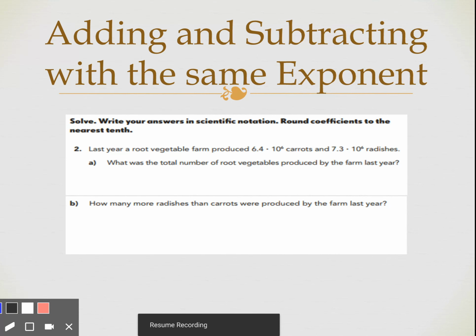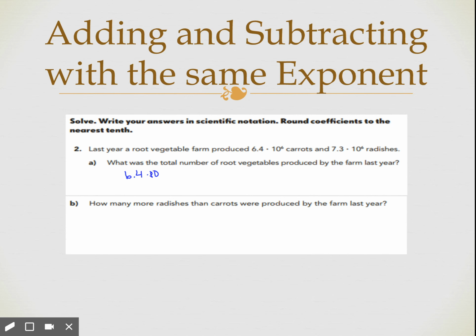So let's try another problem here. Last year, a root vegetable farm produced 6.4 times 10 to the 6 carrots and 7.3 times 10 to the 6 radishes. What was the total number of vegetables? So 6.4 times 10 to the 6 plus 7.3 times 10 to the 6.